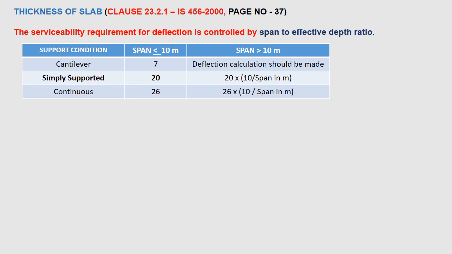In case of a simply supported slab up to span 10 meter, the basic value is 20, and in case of a continuous slab up to span 10 meter, the basic value is 26. However, if the span is greater than 10 meter, then these basic values 20 and 26 will be multiplied by a factor 10 by span in meter.